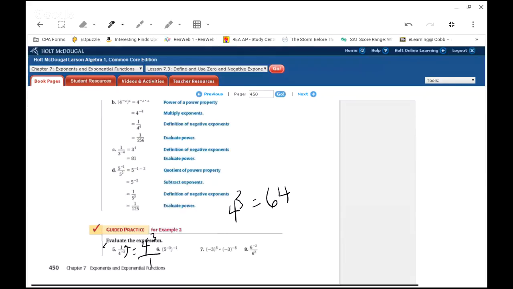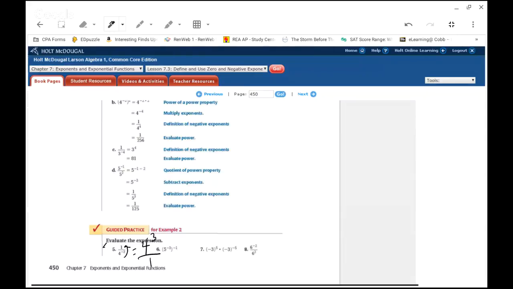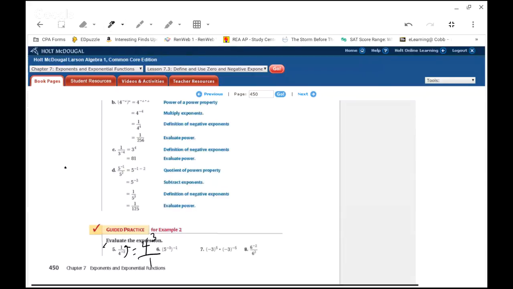Yes? Those are the steps. It goes up to the numerator.